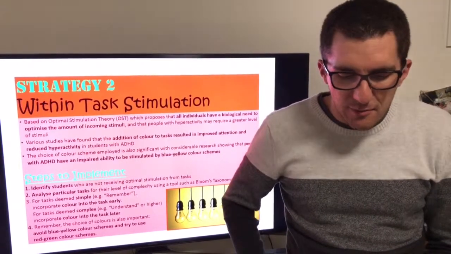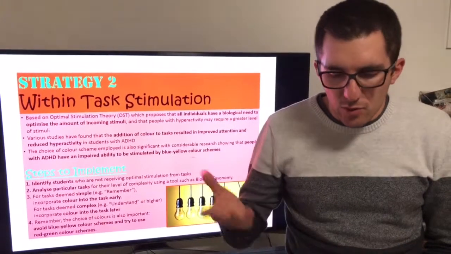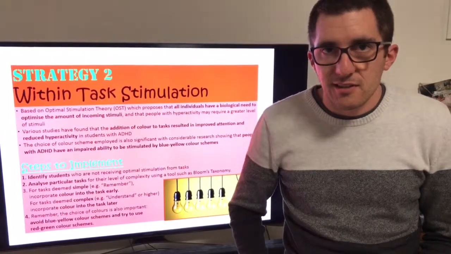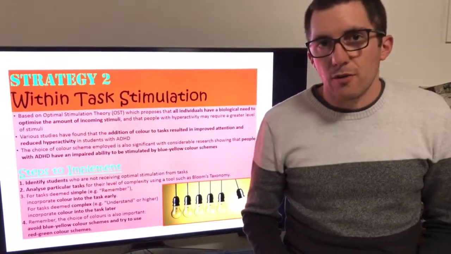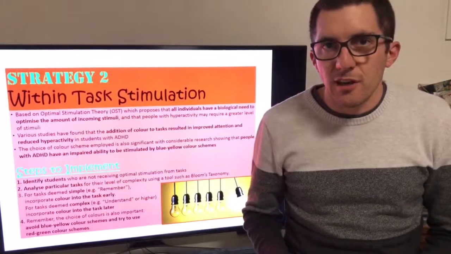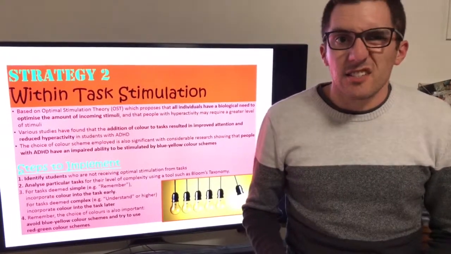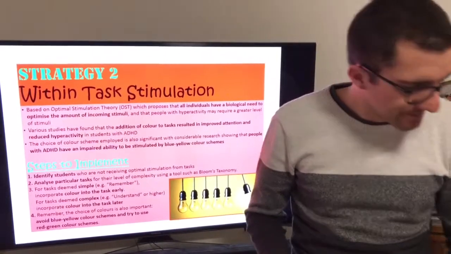And for tasks deemed complex, so understanding or higher as a level of thinking, you would incorporate the colour later into the task. And remember that the choice of colours is important, so try and steer away from blue-yellow colour schemes. You may still find they work, but they probably won't have a significant effect compared to red-green colour schemes.